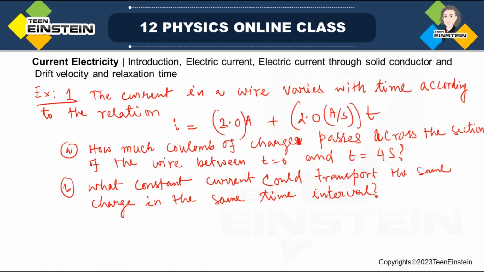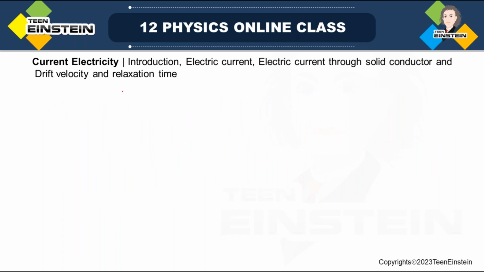The current in a wire varies with time according to the given equation. Now, how much charge passes across the section of the wire between t is equal to 0 and t is equal to 4 seconds? I'll just take the help of the next page. So I have been given current 3.0 ampere plus 2.0 ampere per second into t.